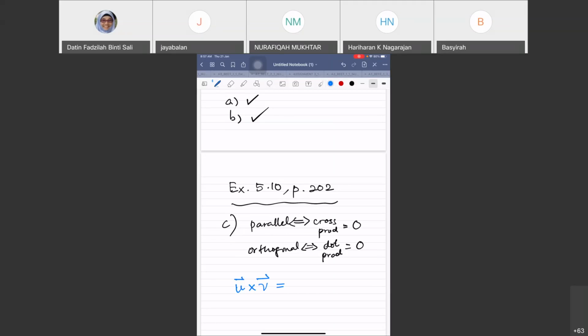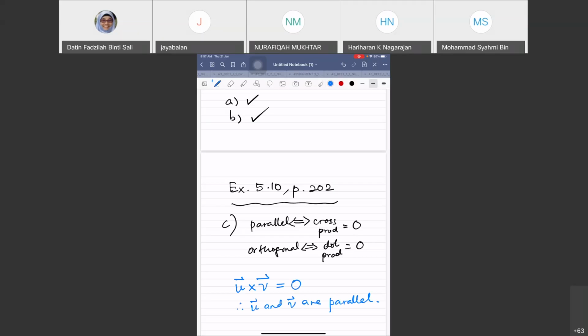C is parallel. Do you get 0? Yes. All right. So when your U cross V equals 0, then you can say U and V are parallel. Anyone got a different answer, or anyone did not get 0?